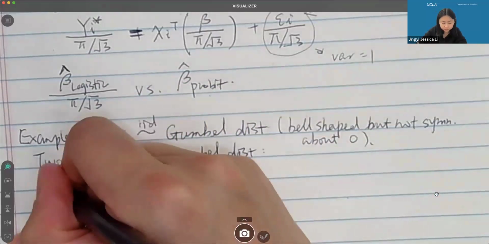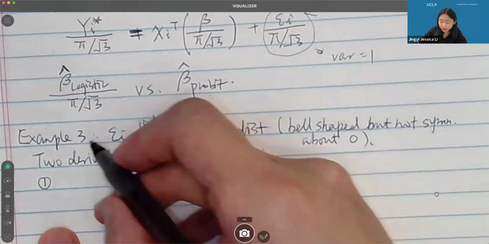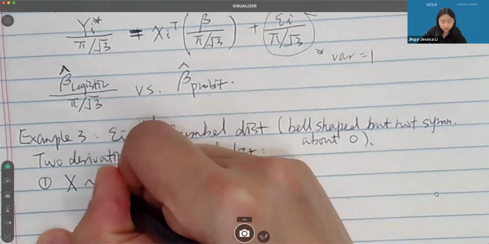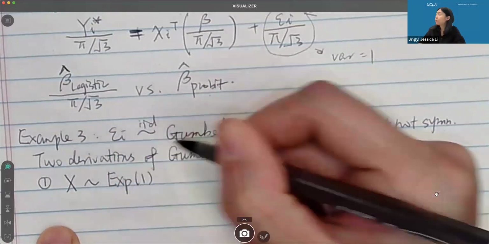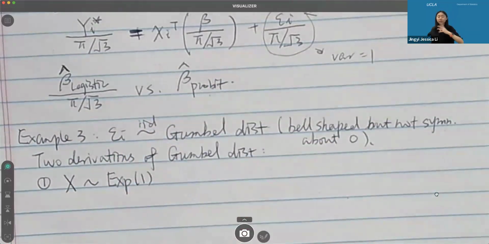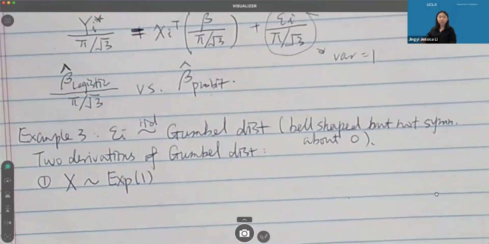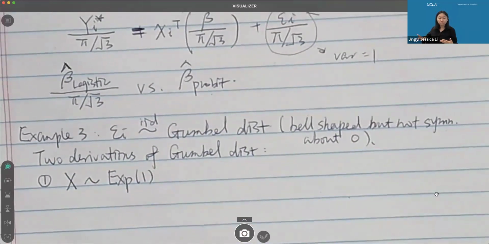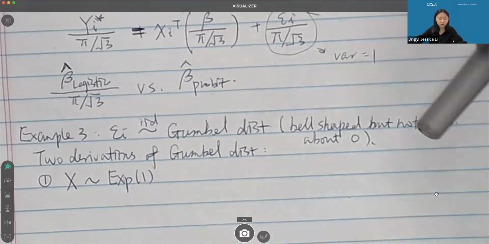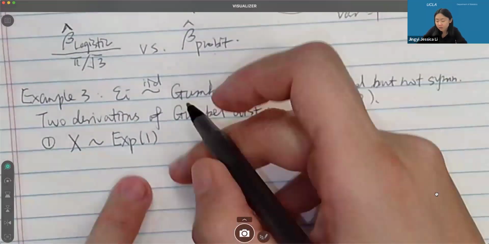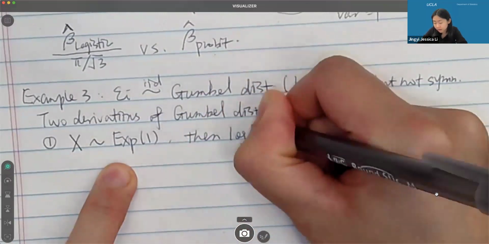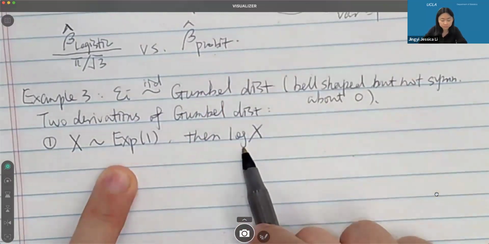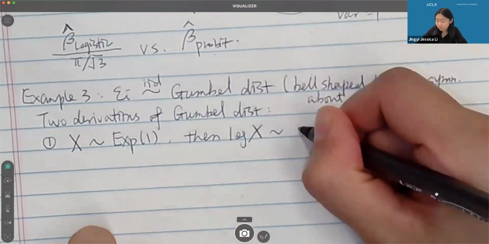The first one is that if we have a random variable x that follows an exponential distribution with rate parameter 1, this exponential distribution has as its domain the positive real values, but no negative values. Then we can have that log x, with the natural base, follows a Gumbel distribution.